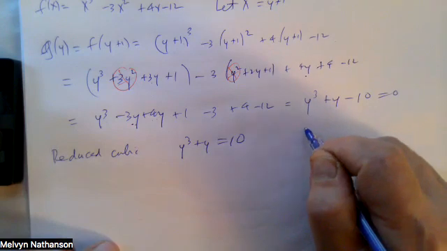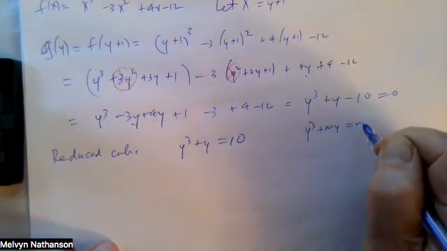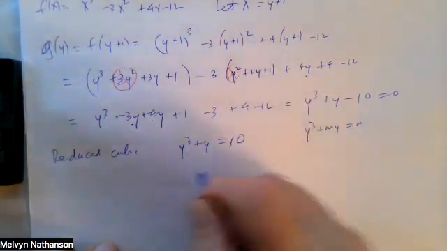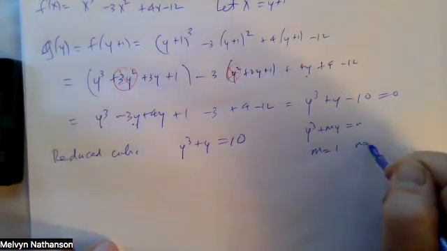If you have the general form y cubed plus my equals n, so in this case, m equals 1, n equals 10.